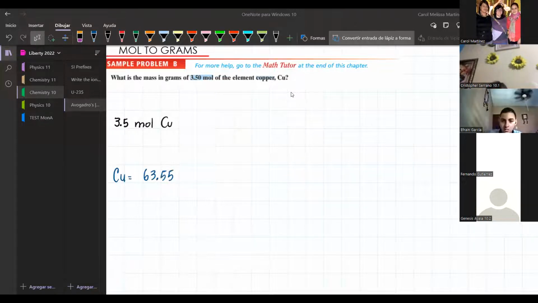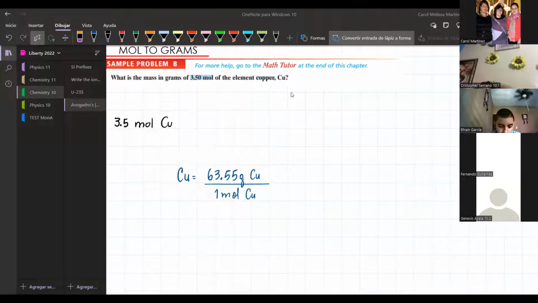So, what do we need to do to turn this into a conversion factor? Copper is equal to 63.55 grams, okay? We say that there are 63.55 grams of copper in 1 mole of copper. Please don't be lazy. Write all the units, okay?